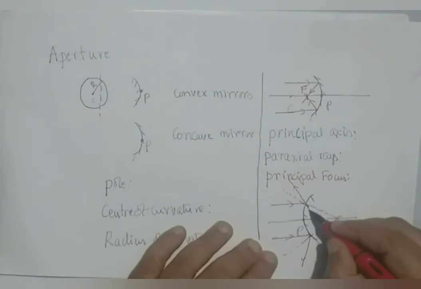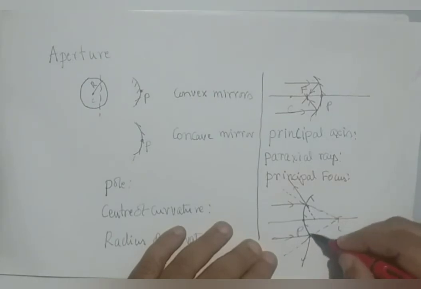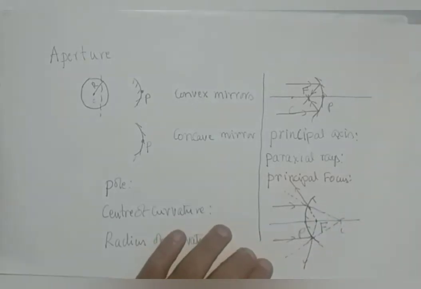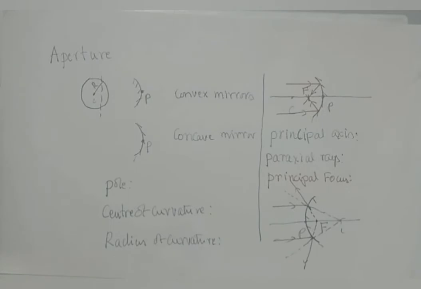Now, once we extrapolate them backwards, they meet at a point on the principal axis like this, and this I call F, the principal focus. Observe, in case of convex mirror, the light will not converge to that point, but it appears to come from that point.